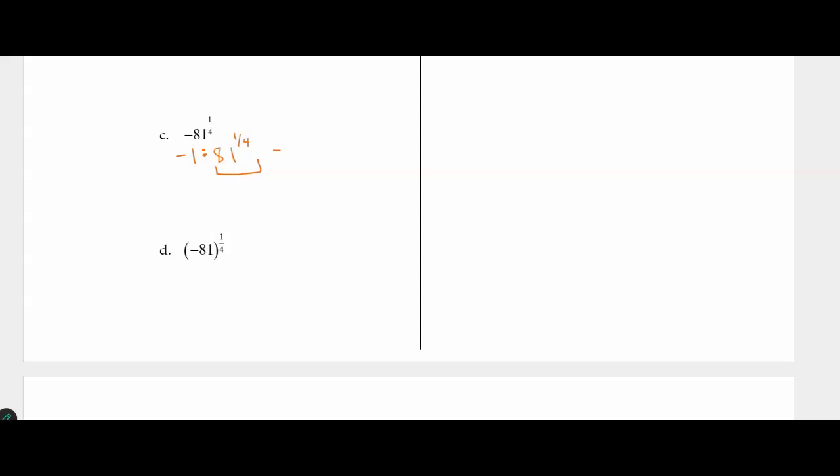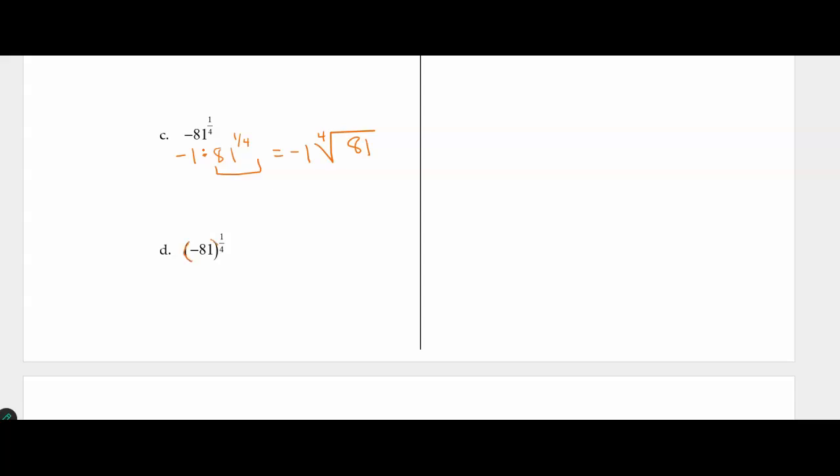So when I write this out, that negative 1 is going to go out in front. And since the denominator is 4, I'll have the 4th root of 81 inside. The 81 is just inside, the negative is outside because of how it was written here. I'll solve this in just a minute, but let's contrast that to this.